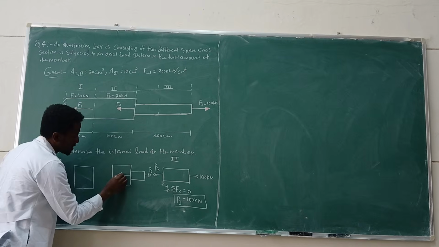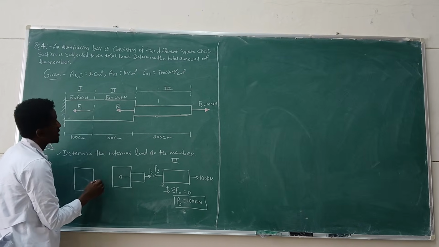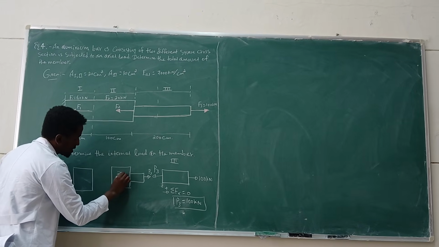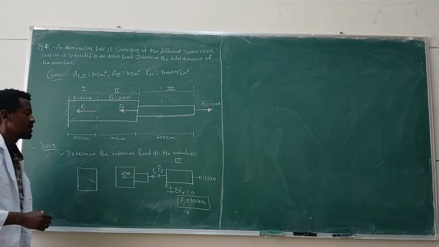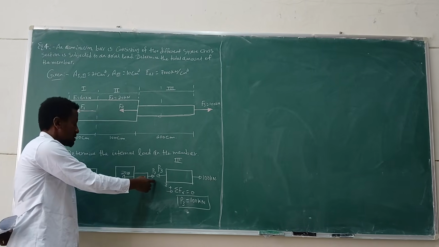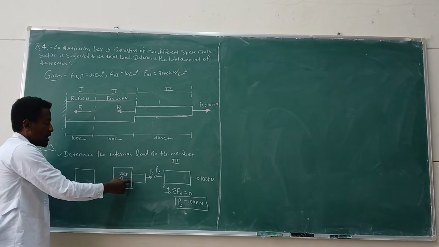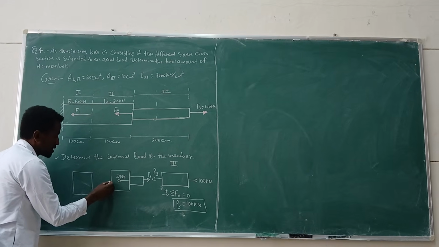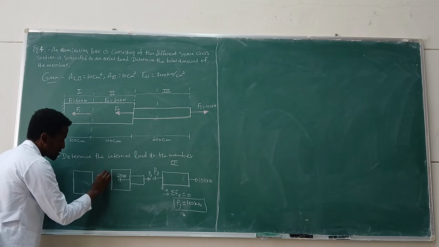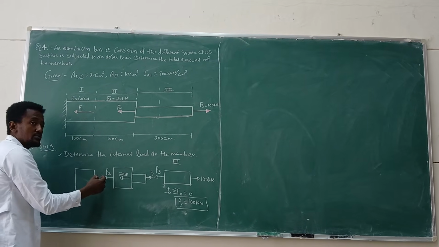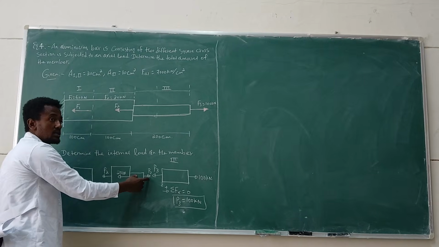And the applied load here, F2, is 20 kilonewton. P3 is 100 and this is 20. 100 is greater, therefore the internal force P2 has a direction opposite to P3.